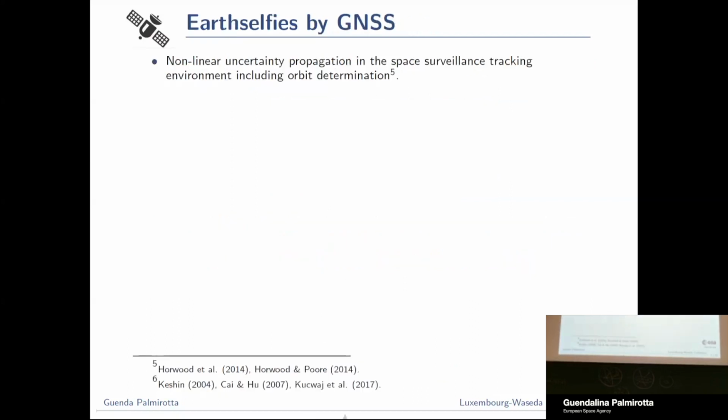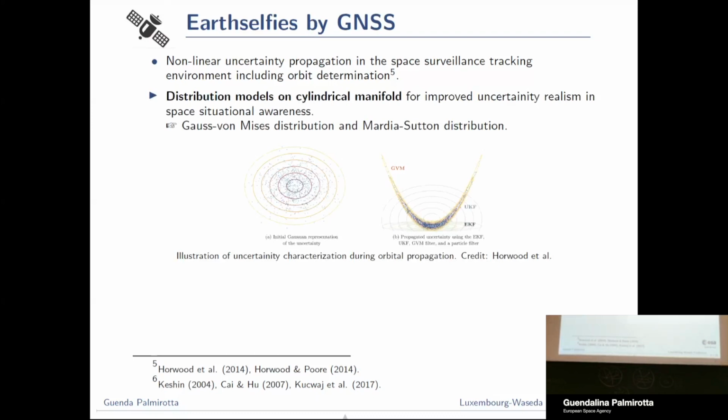Another example that is also important is, for example, in satellites. GNSS stands for Global Navigation Satellite Systems. And for example, to compute or determine the exact orbit of the satellites, you can also use distributional models, in this case on cylinders.